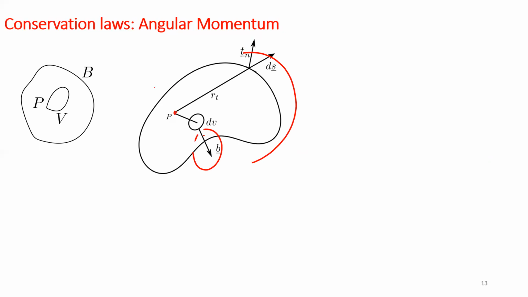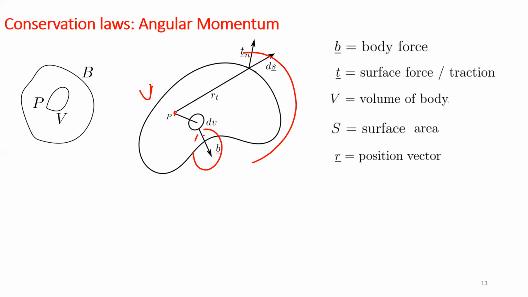The net moment about this point must be conserved, and these symbols have the same meaning as before.